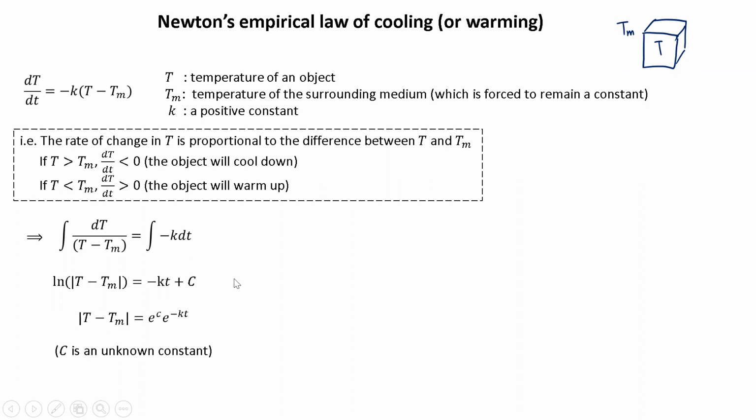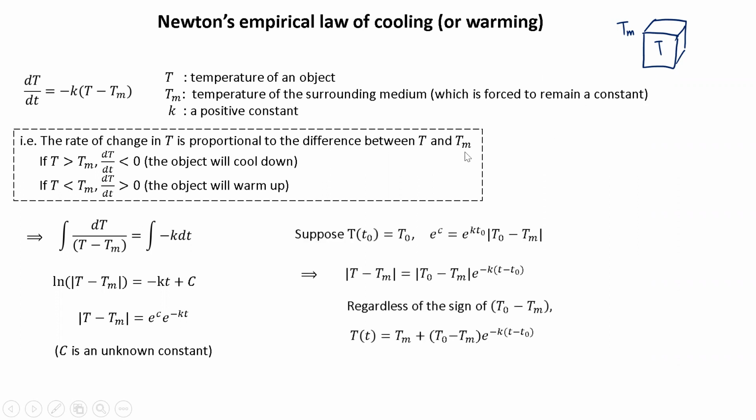Then for the solution that we want, you have to specify the initial condition, right? So in this case, what is the initial condition that we need to specify? At some initial time, I need to tell you the temperature of this piece of metal. So that is the initial condition that we need.